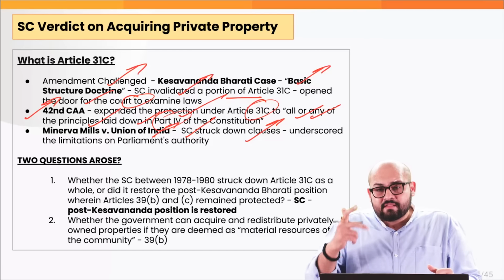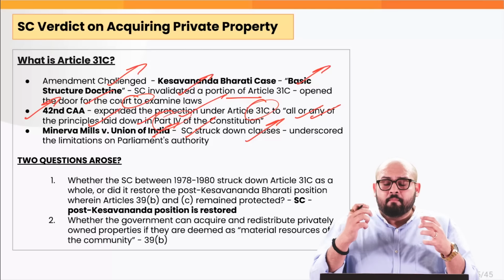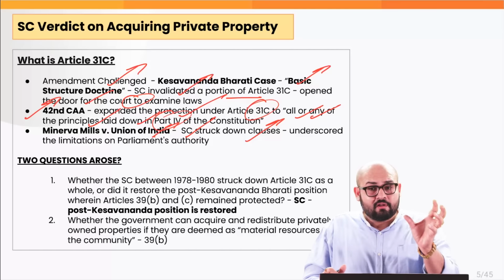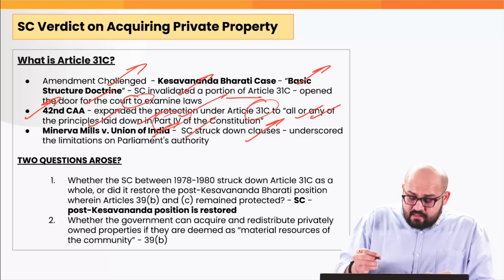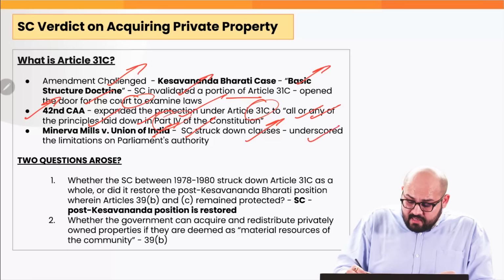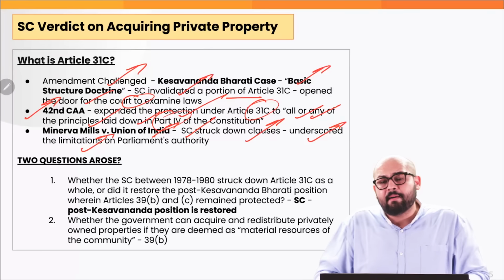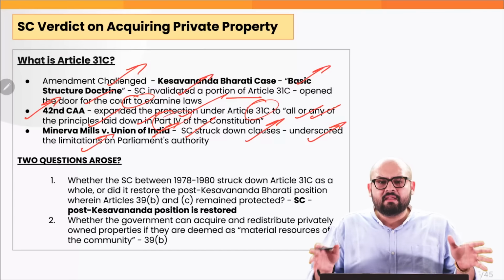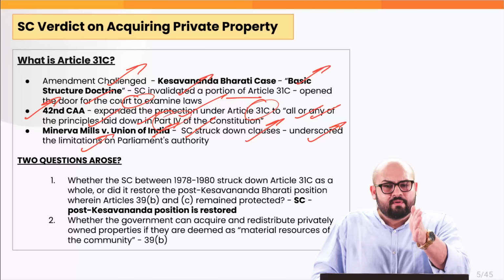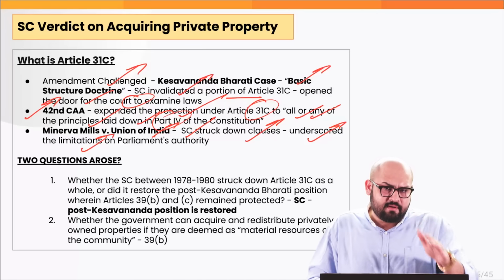Second, that the judiciary cannot question that particular law. These clauses were struck down by the Supreme Court in the Minerva Mills case, and this underscored the limitations on the Parliament's authority. That is, Parliament is not authorized to make any amendments that are not in line with the constitutional mandate or constitutional principles.